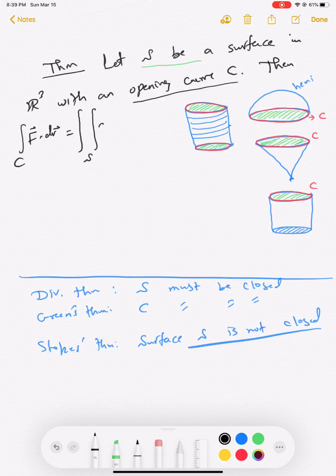Not f, of curl f dot n dA. So if you integrate the function over the opening curve, it will be equal to the surface integral of the curl over that surface. It's a little bit confusing, but this is the statement.